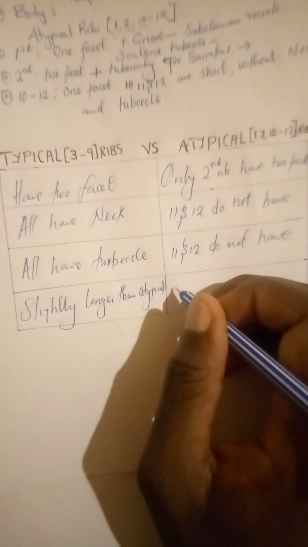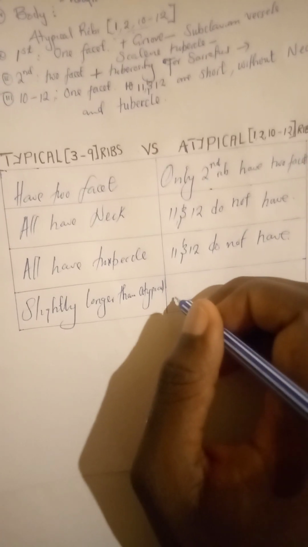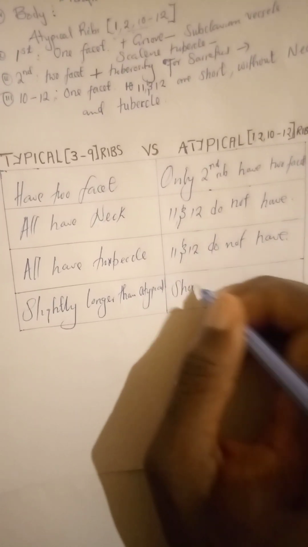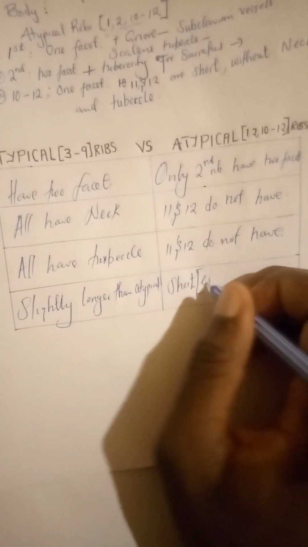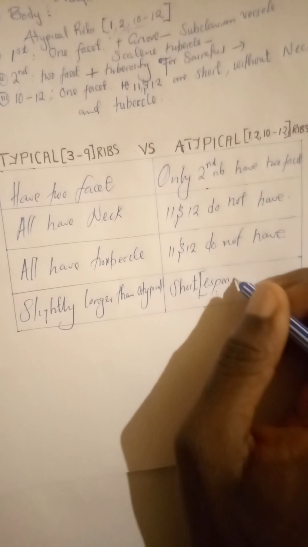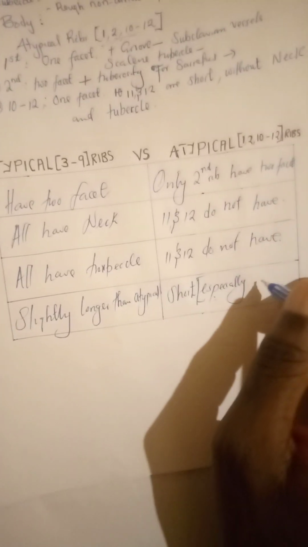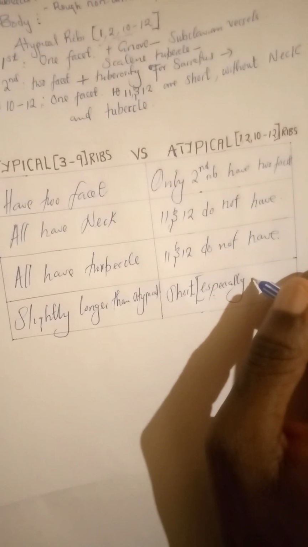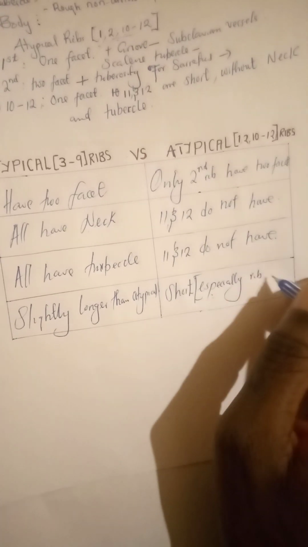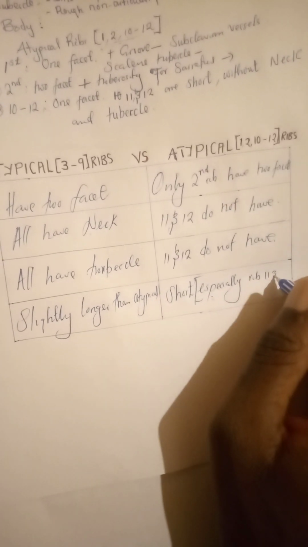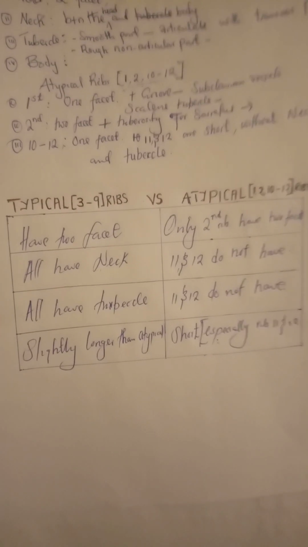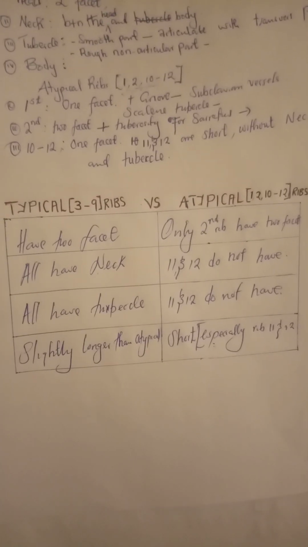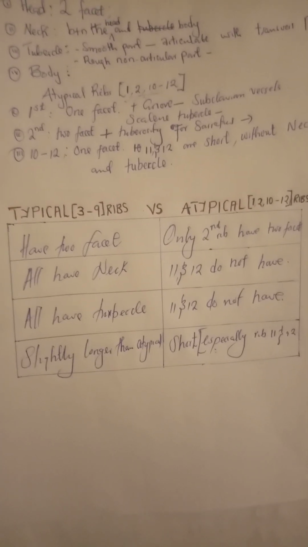And for the atypical ribs, we say they are shorter, so you can just say in brackets, especially 11 and 12. This is how you are going to organize your work as you write your essay.